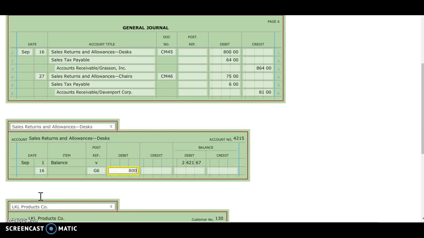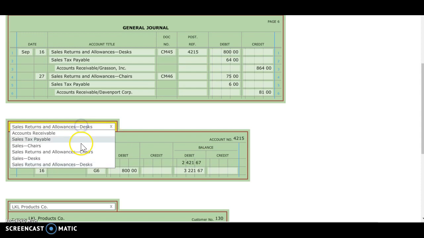I have a debit of $800. My new balance is $3,221.67, and account number 4215.